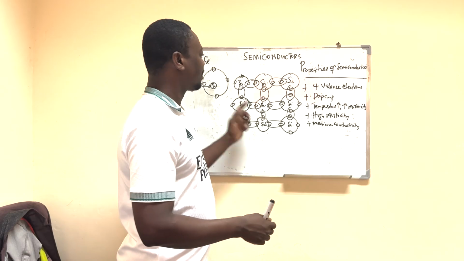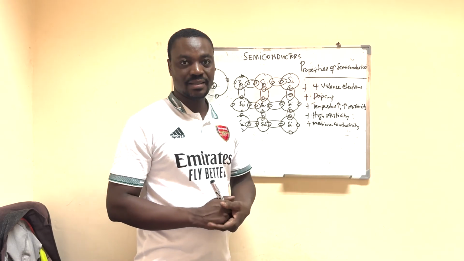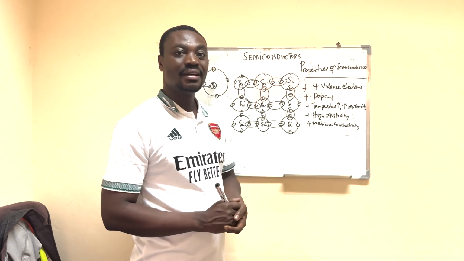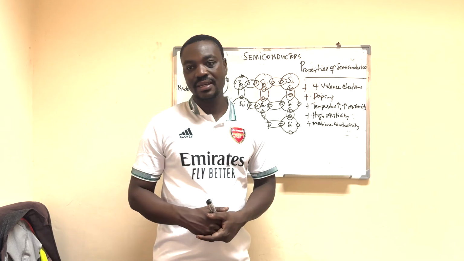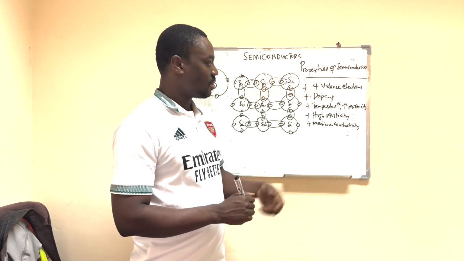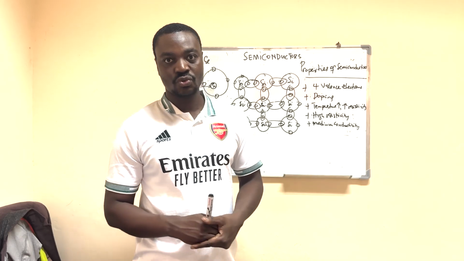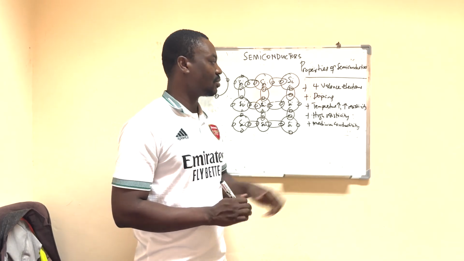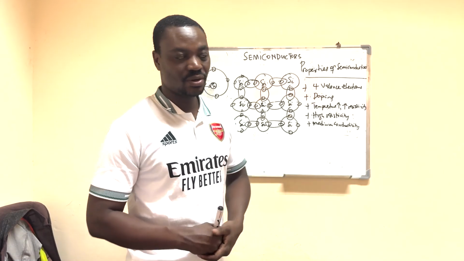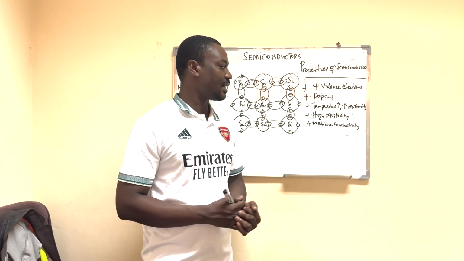One property is that they tend to have 4 valence electrons. You can also increase the conductivity of a semiconductor through the process of doping, right? So through doping, we can enhance the conductivity of a semiconductor.